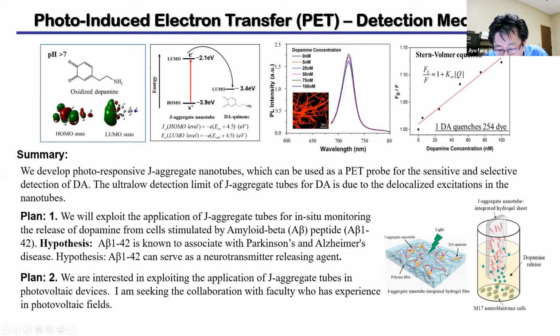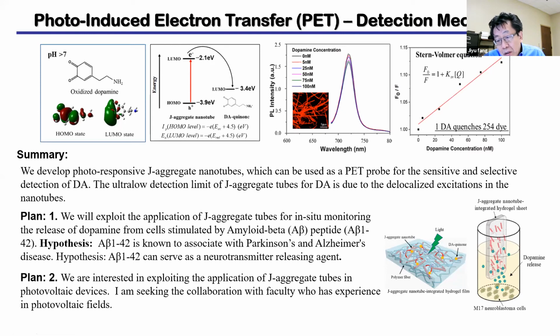So we are going to integrate the J-aggregate nanotube into a hydrogel to form sensor paper and dip it into the cell culture media. We use amyloid beta peptide as a trigger for the release of dopamine from the cell. In this case, we can use this sensor paper to monitor the release kinetics of dopamine from the cell triggered by the amyloid beta peptide.